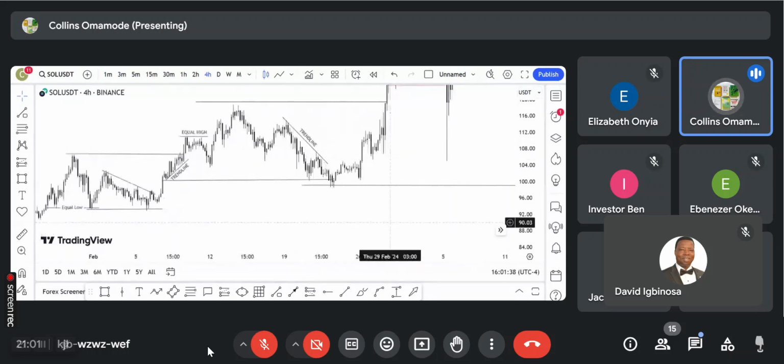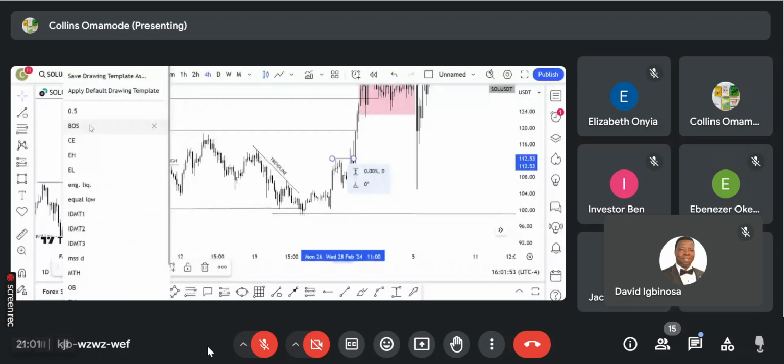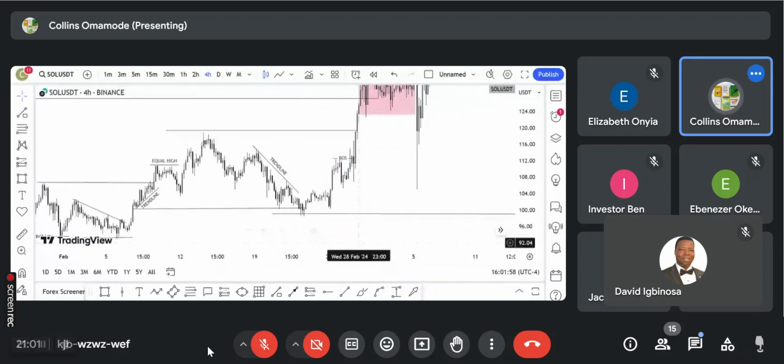Even look at this side, this particular side. Do you notice we had a break of structure here, right? Internal break of structure. Yes or no? So, what did price come to do?